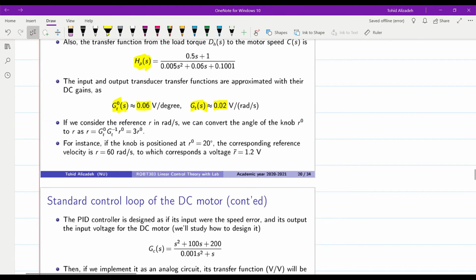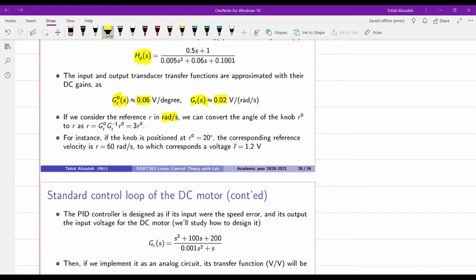If we consider the reference R in radian per second, we can convert the angle of the knob of the potentiometer, which is R0, to R as GT0 GT inverse R0, which will be 3 times R0. You can see an example here. If R0 is equal to 20 degrees, the corresponding reference velocity will be equal to 60 radian per second, and the corresponding voltage that we get in the form of R bar will be 1.2 volts.